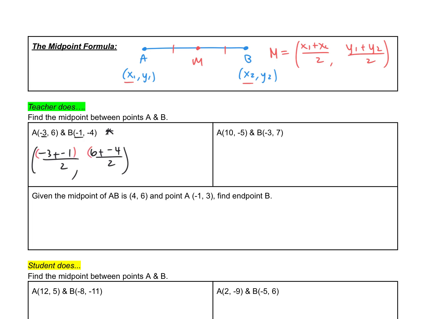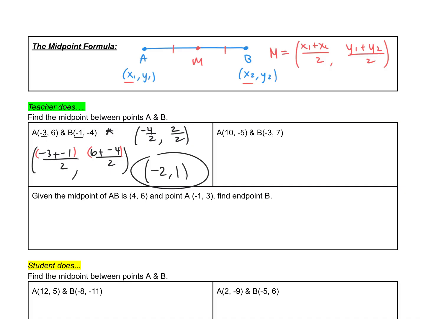It's kind of like there are parentheses here that are just understood to be there. So we're going to have to calculate the numerator before we can divide. So -3 add -1 gives us -4. And then we get a 2. When we divide by 2, then we get -2, 1. So that would be the point halfway between A and B if we were to plot them.